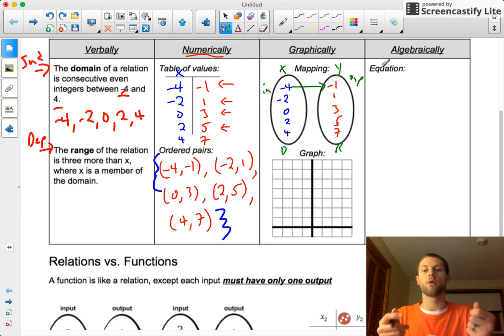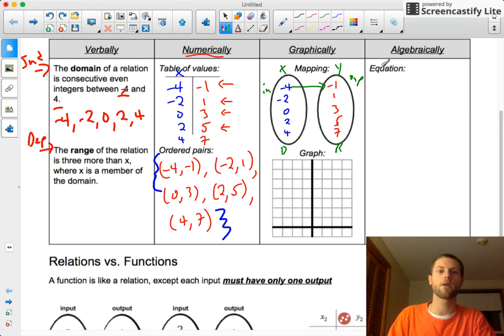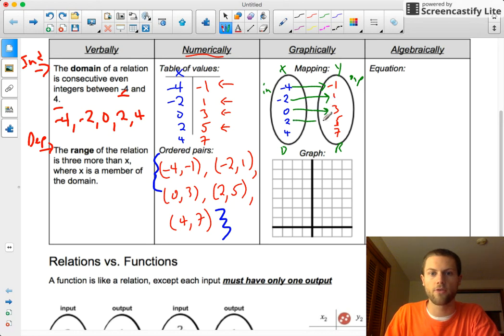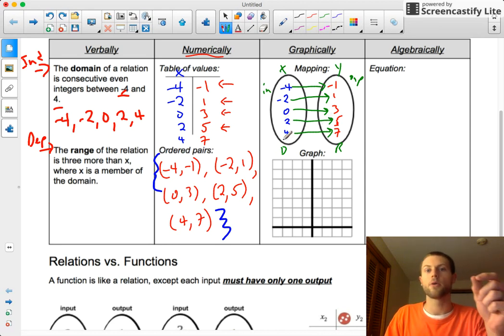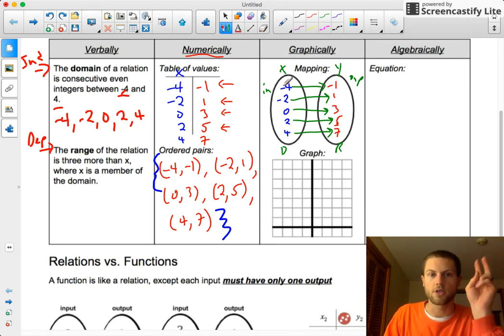Just like a map will point you towards a destination or show you how to get somewhere, this input in our map is going to directly point to an output. So we always connect our arrows from our inputs to our outputs, always from left to right, and always to the output that is produced from the input. So the -4 here is relating to the -1. The -2 is relating to the +1. So that's why we connect the arrows like that.